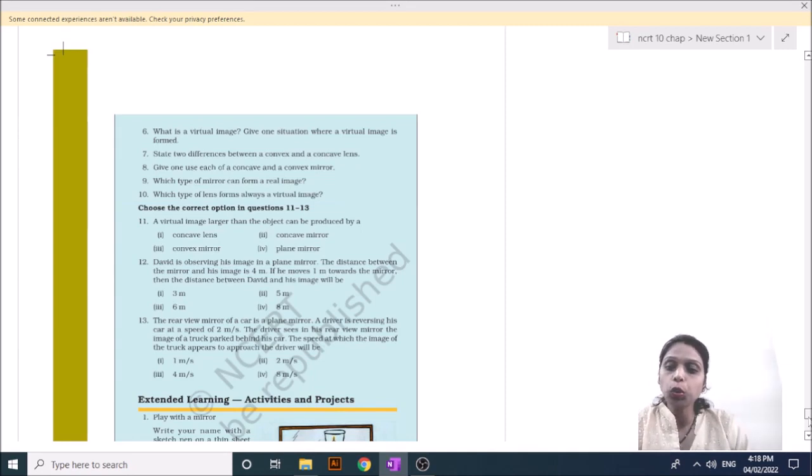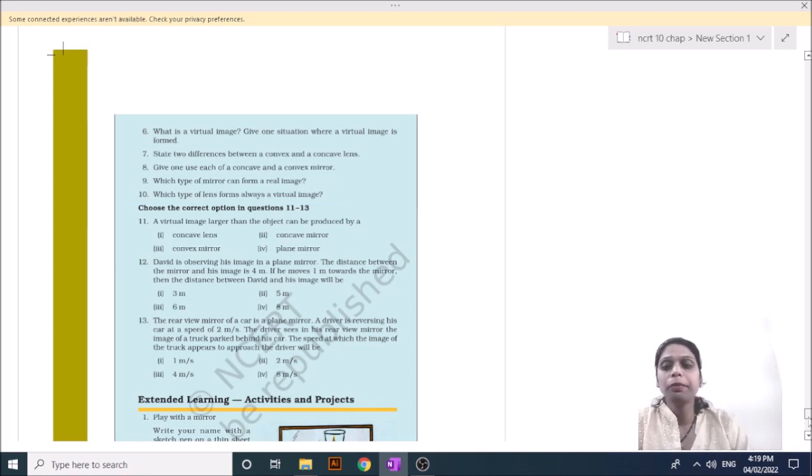Give one use each of convex and concave mirror. A dentist uses a concave mirror, whereas in the side mirrors of vehicles, a convex mirror is always used. Which type of mirror can form a real image?